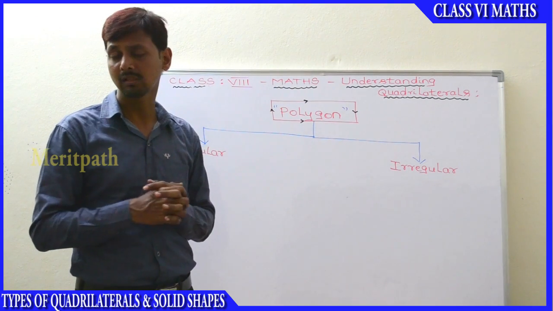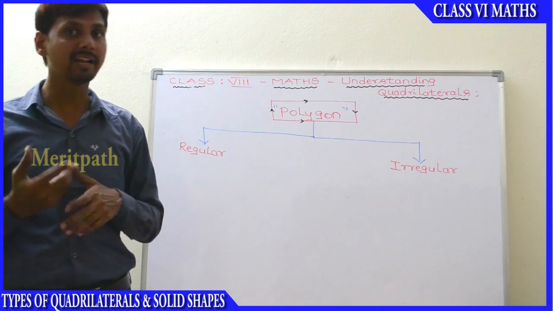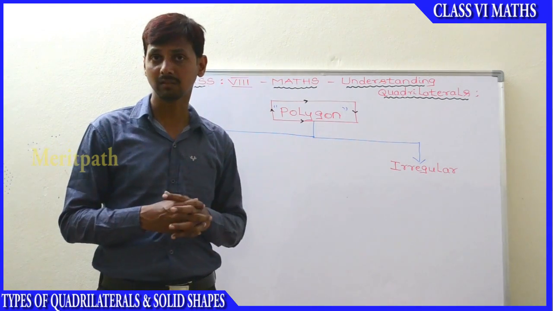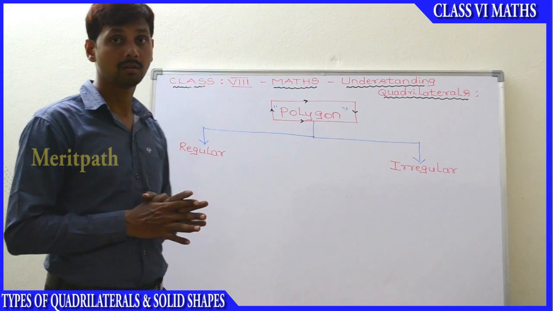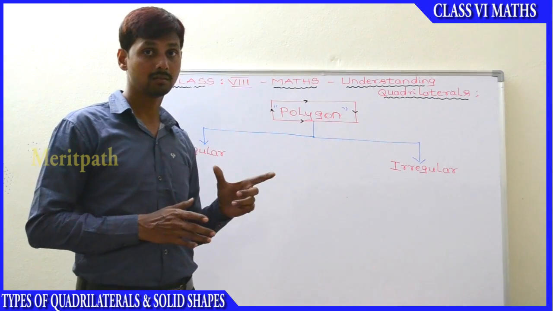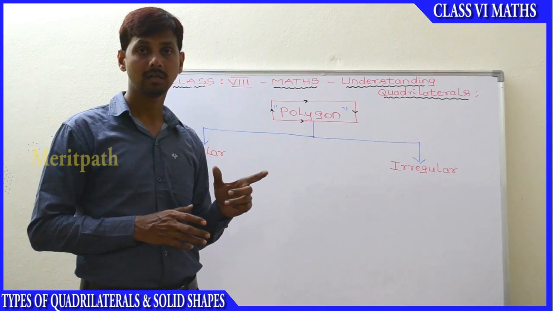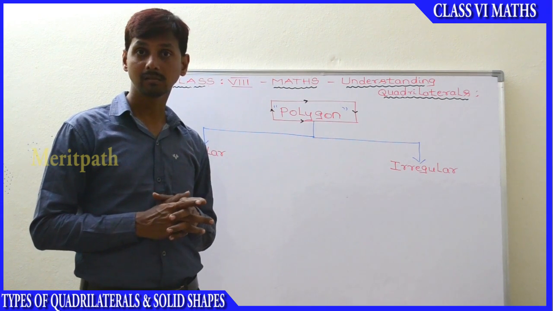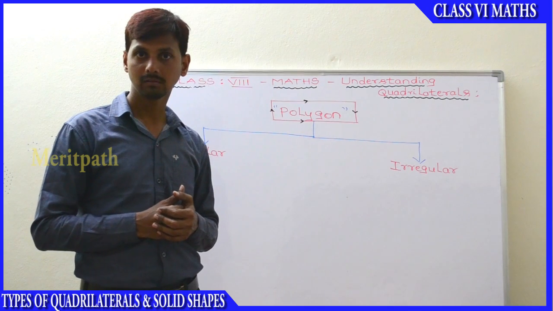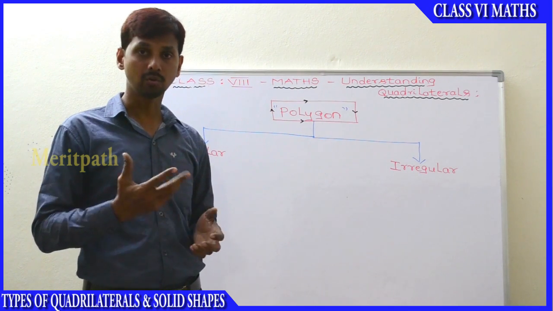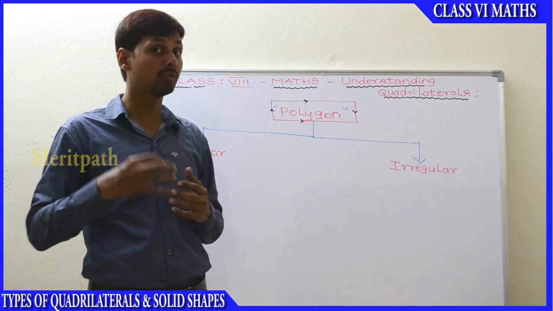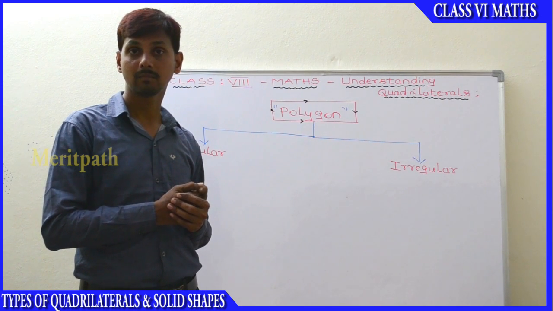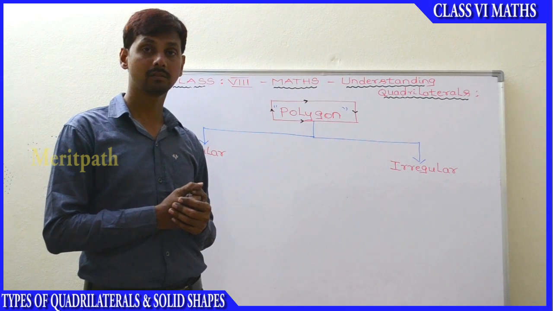Let's discuss regular and irregular polygons. We have seen some of the diagrams, the pictures of a square and a rhombus, and in these all the sides are equal. So this kind of diagram is called a regular polygon.